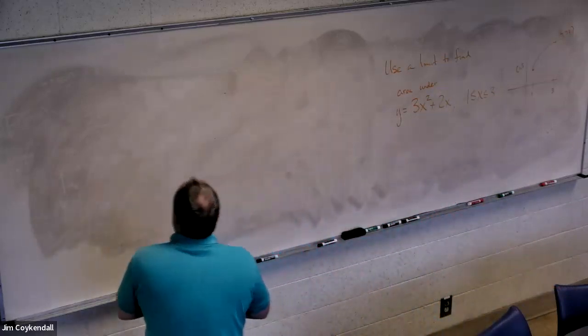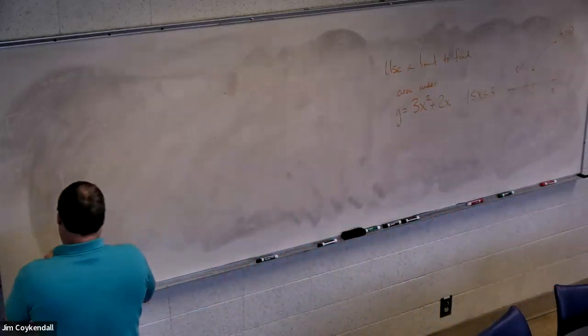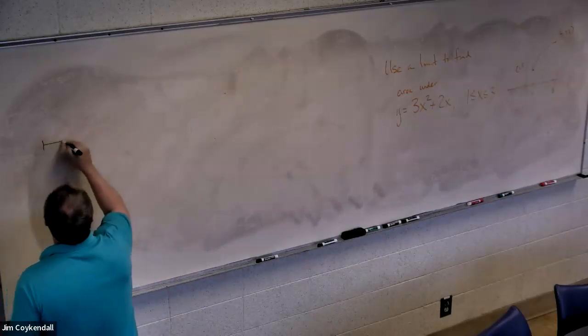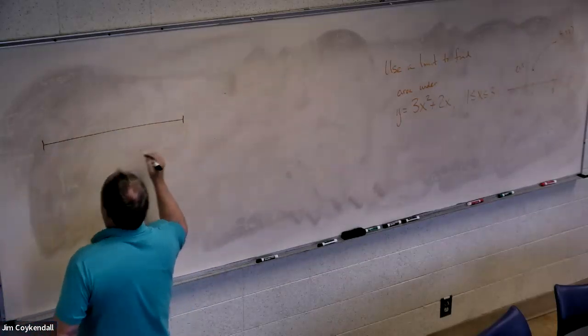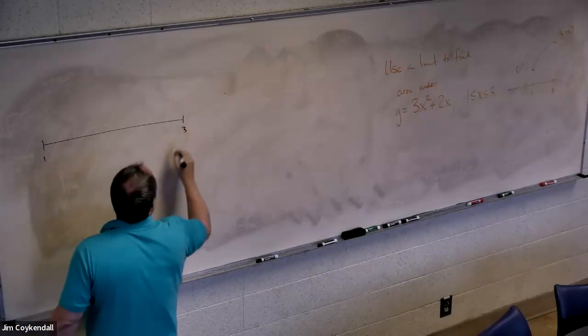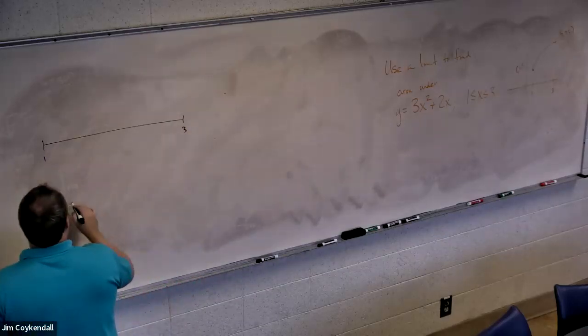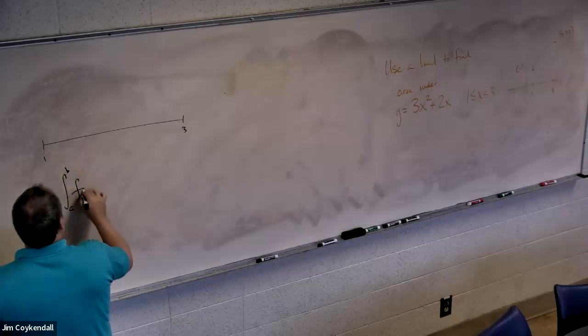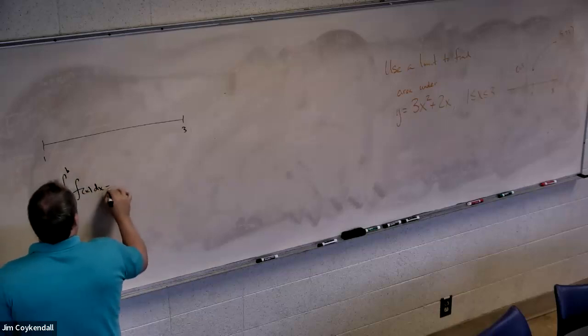And so what do we have? We have the interval 1 to 3. And we have this crazy formula that the integral of f of x dx is the limit.